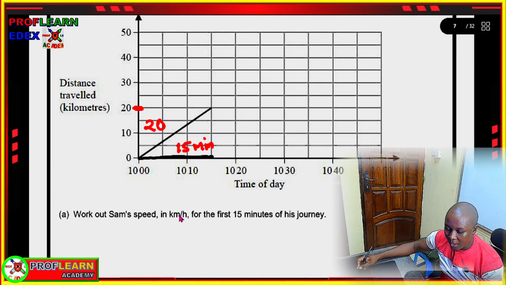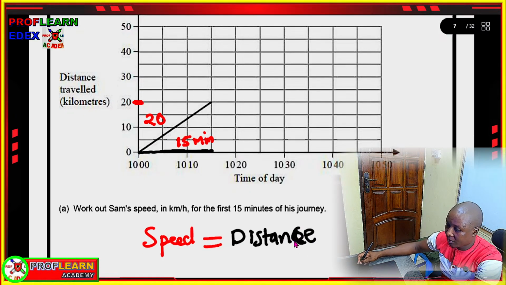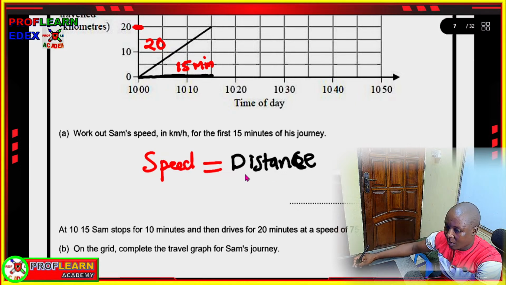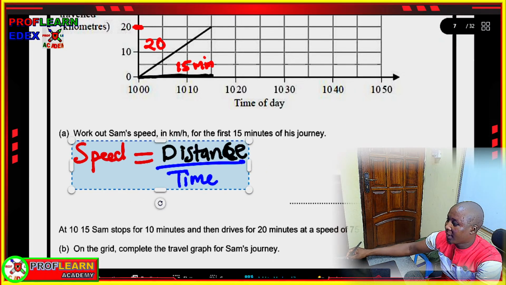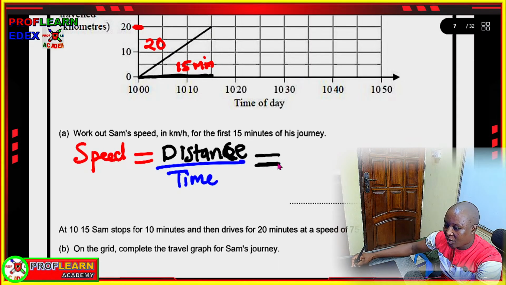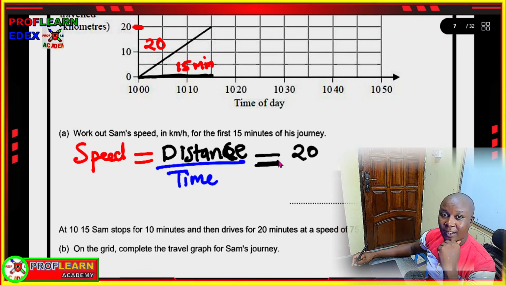Now we are supposed to work out the speed. We know speed is equal to distance traveled over time taken. So in this case, the distance is going to be 20 kilometers, but the time is in minutes, so we want it in hours.